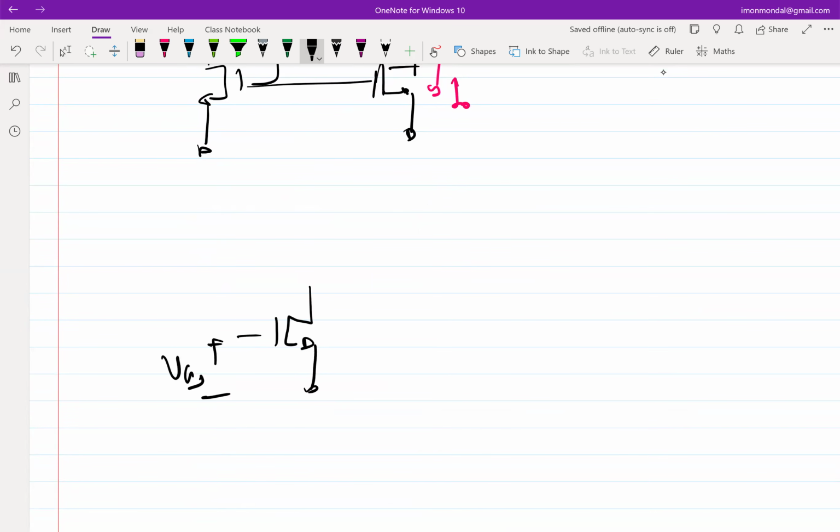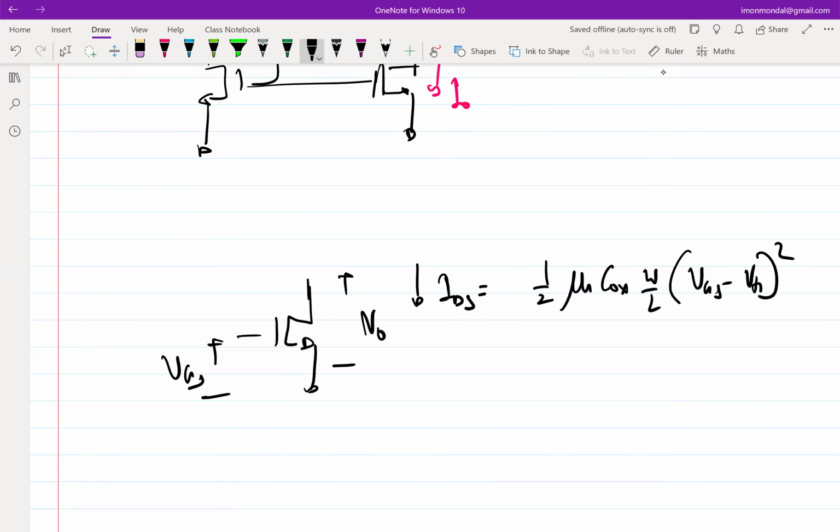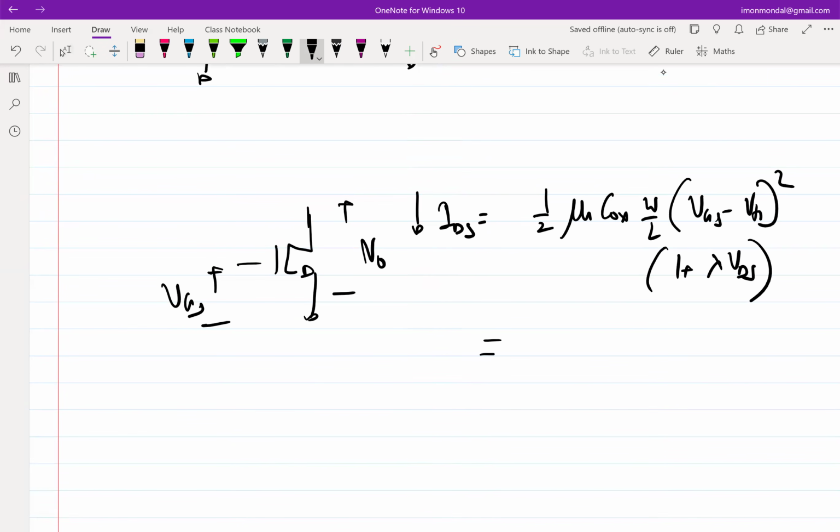let's say this is biased with VGS and V0, and this is biased with V0. So we can say that this current IDS is I0 plus channel length modulation. So this is equal to, let me call this term I0, where I0 is the current without CLM, okay, plus I0 times lambda VDS.